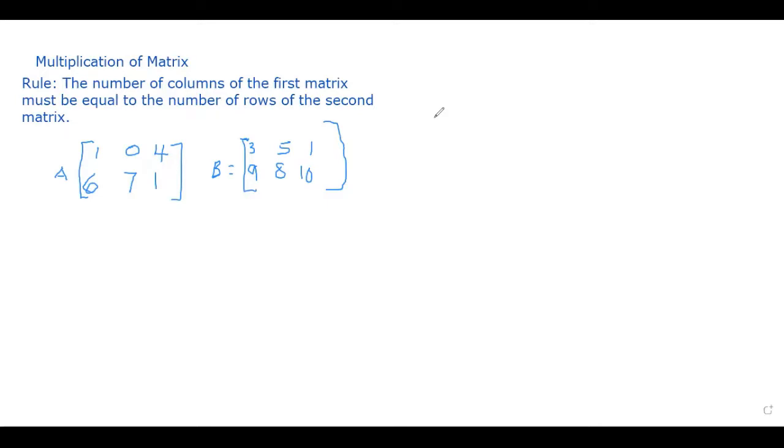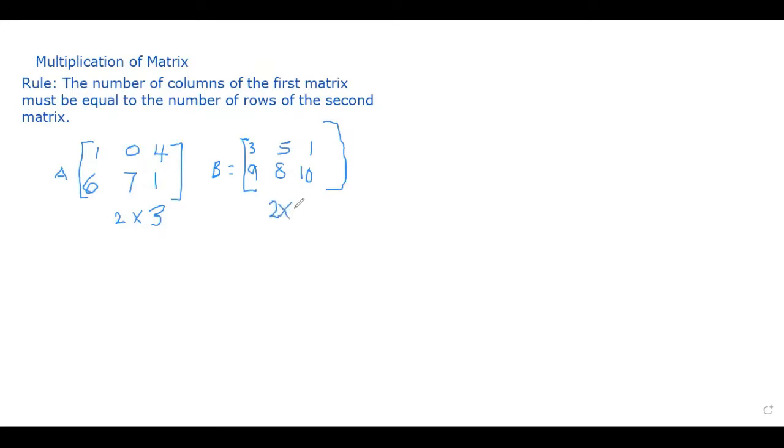What is the dimension of matrix A, Charlie? It's 2 by 3. Dimension of matrix B? They are the same, 2 by 3.